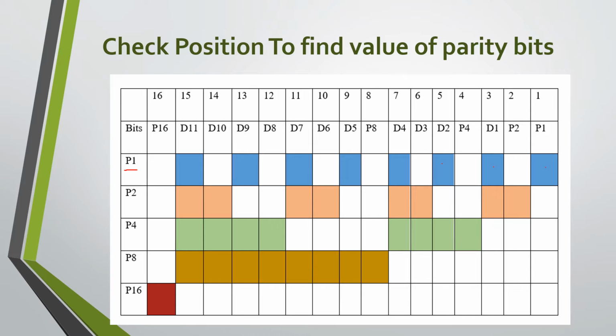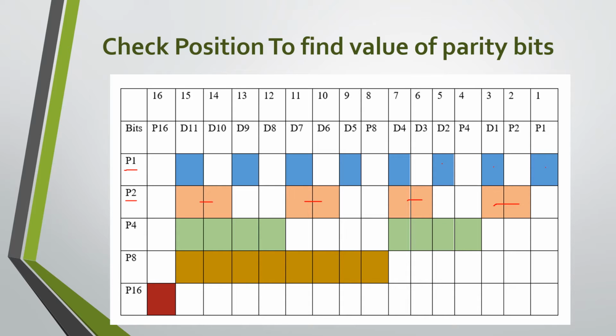Then to find the value of parity bit 2, meaning P2, start from P2, then consecutive 2 positions will be checked, then ignored, again 2, again the next 2, and this will be followed in the same way. So the positions checked for P2 are 2, 3, 6, 7, 10, 11, etc.